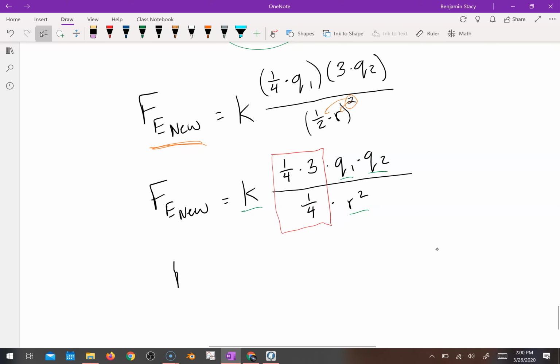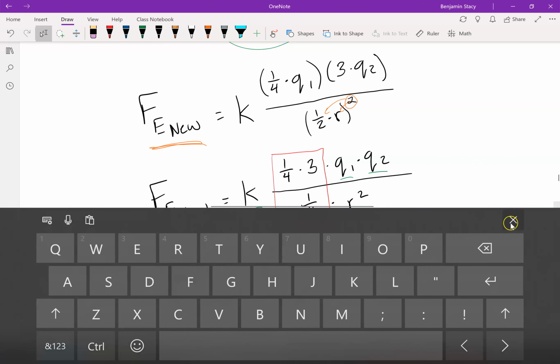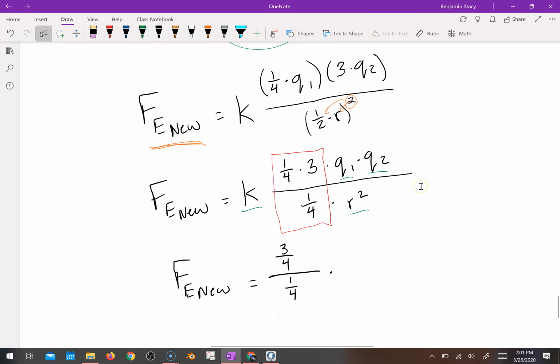So let's pull out those coefficients a little further, clean them up, and combine them into one number. So I've got 1/4 times 3 upstairs, which is 3/4. Downstairs, I still have 1/4. And then all of that's being multiplied by the rest of the stuff we have in green, my K, my Q's, and R squared. So here's K times Q1 times Q2 over R squared.